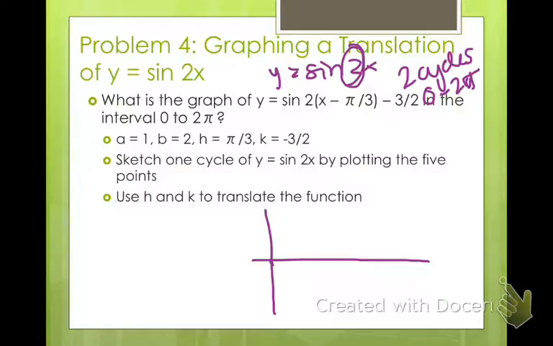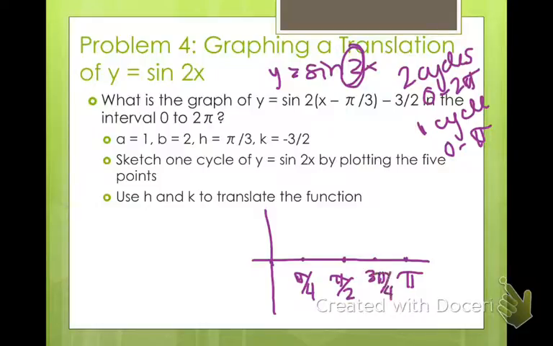So that means one cycle, they want us to graph one cycle. One cycle is from 0 to half that distance, 0 to pi. So I'm going to put pi right here. And then we're going to have a halfway point in between, pi over 2. And then we're going to have halfway points in between that. So I have pi over 4 and 3 pi over 4.